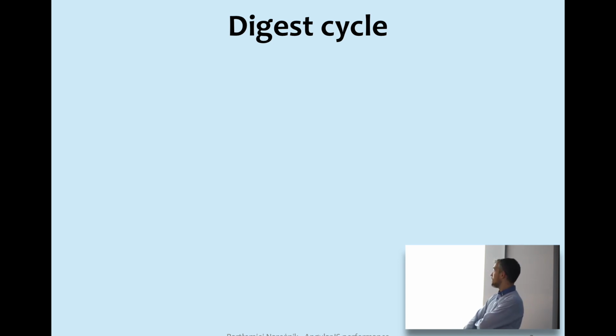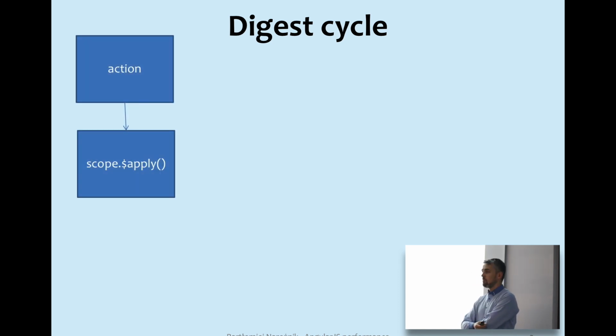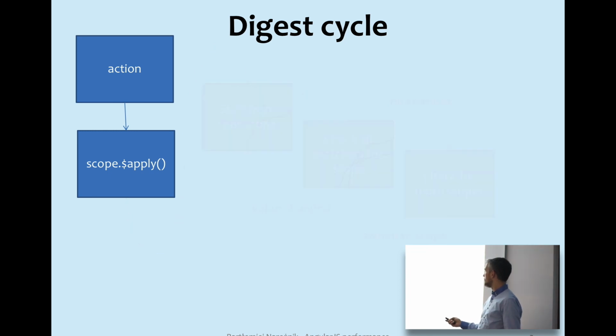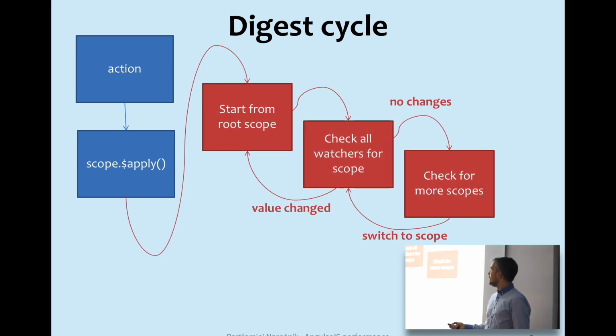Every or most of Angular performance problems are somehow connected to the digest cycle. So a few words about it. What it is and how it works. So it starts with some action. Somewhere there is a call for a method that initializes the digest cycle, and then it all starts. Usually it starts from the root scope.